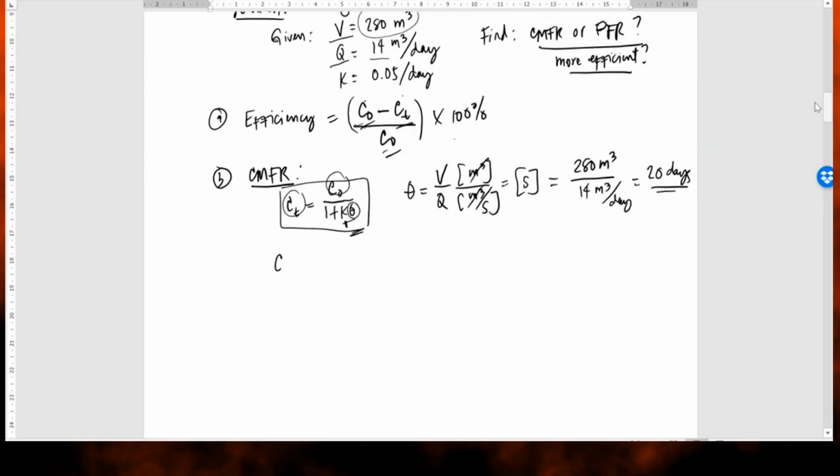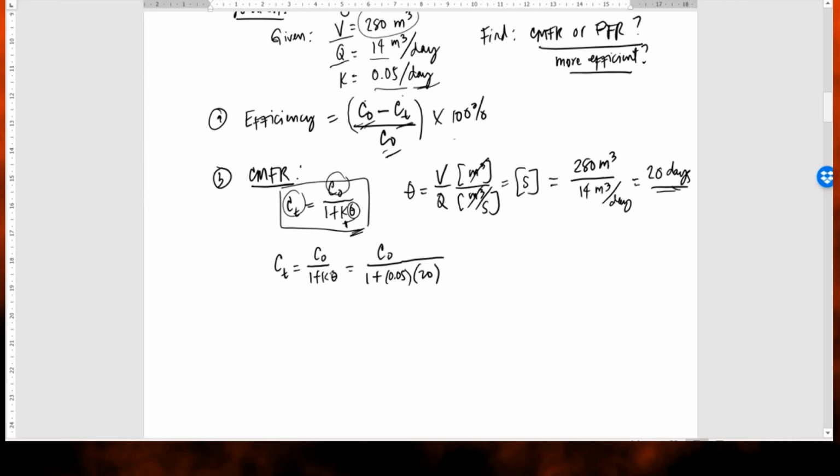C sub T over C naught is 1 over 1 plus K theta. K is 0.05 per day, times 20 days, so the days cancel and we don't need to put the unit there.